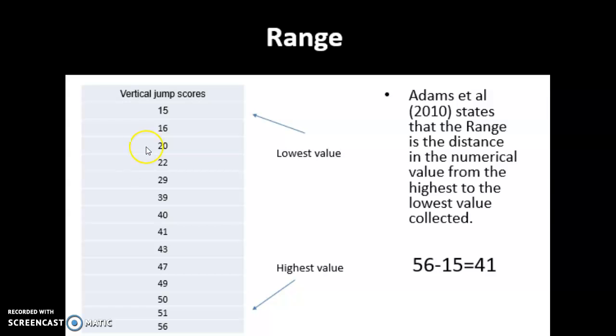If all these numbers were maybe 3, 4, and 5, and then this one was still 56, you'd be taking away maybe 3 from 56, and the range would be 53, when that was only representative of one large number in the whole data set. So it can be misleading, because it only includes the extremes in the data set, so it's quite vulnerable to anomalies and outliers.